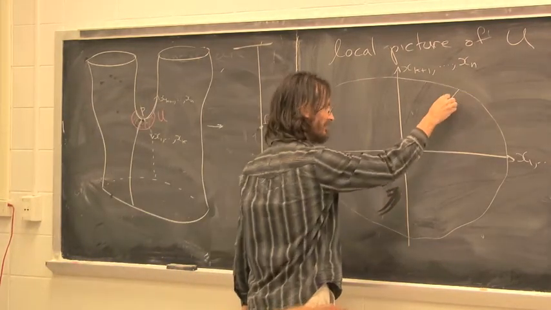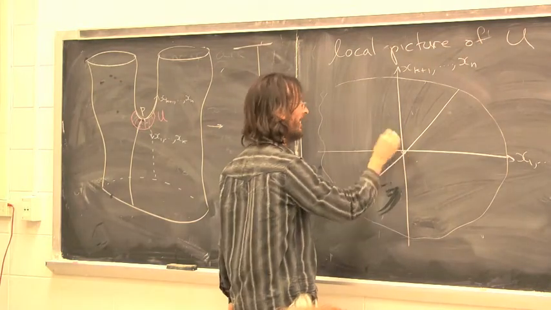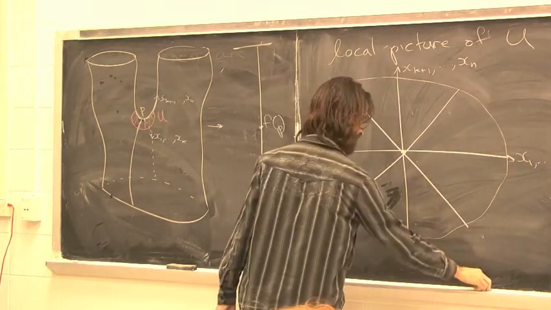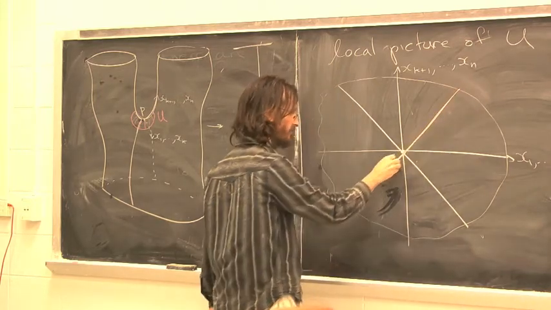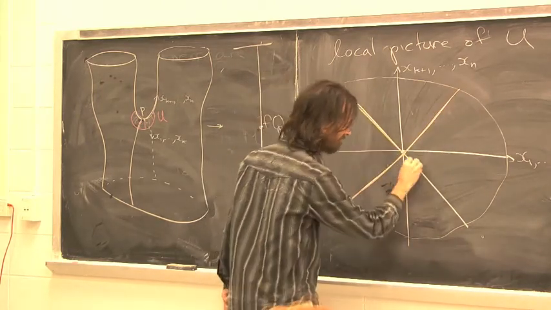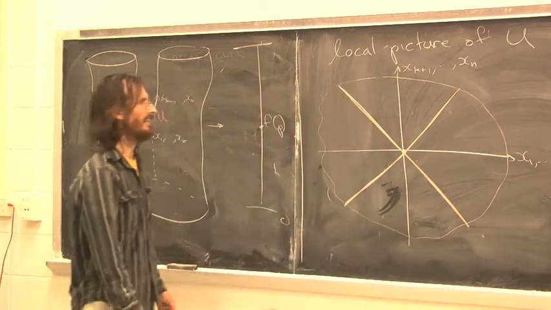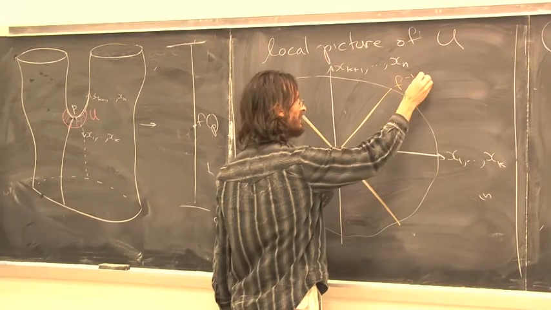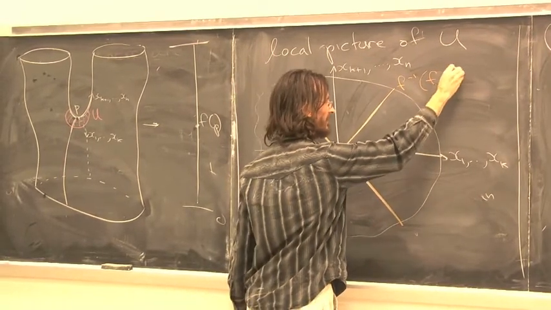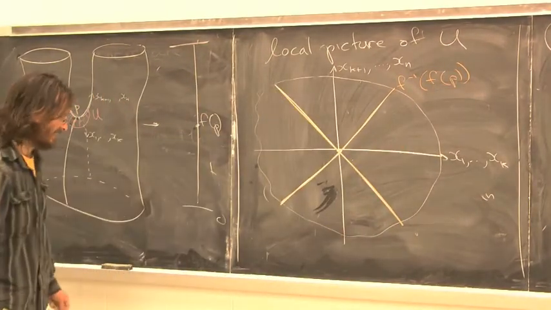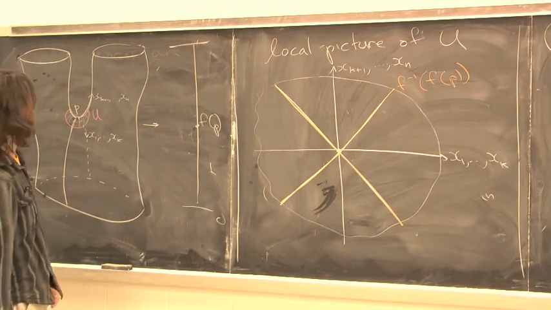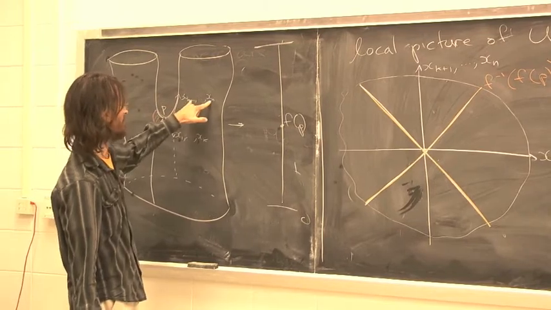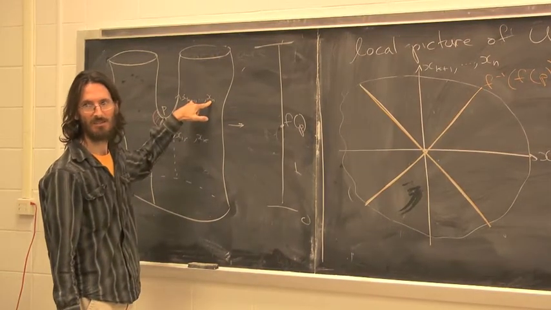The inverse image of the critical value, f inverse of f of p, is going to be something like this, when the sum of the xi squareds equals the sum of these other squares.